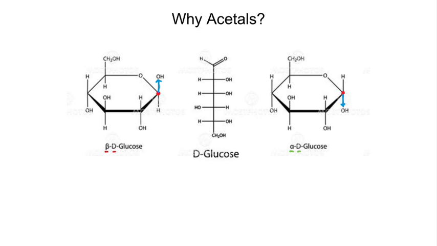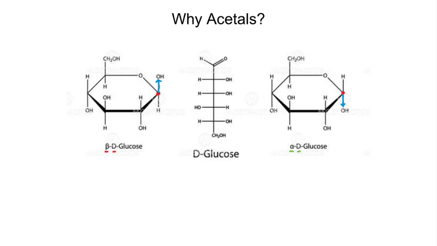So if we remember back to this, if we look at the middle structure, it just says D-glucose. Why does it not say alpha or beta? It's a really hard question. Because there is no alpha or beta.